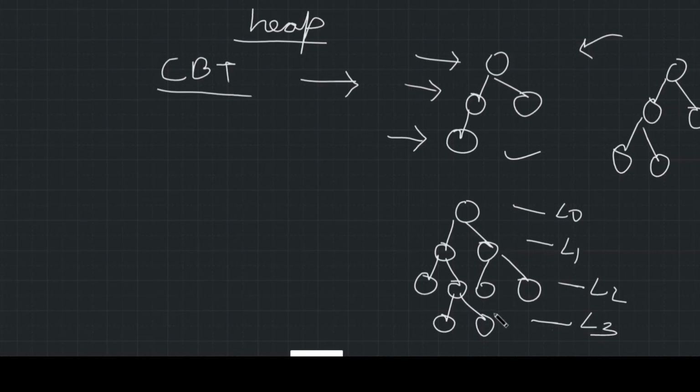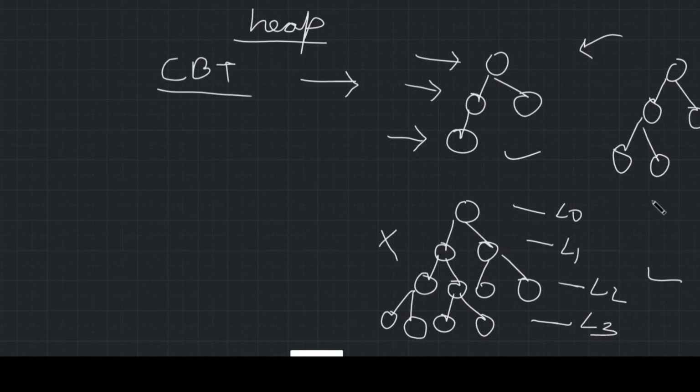So the nodes available at the last level must be on the leftmost side. But if we observe level 3, the nodes are not on the leftmost side. So this is not a complete binary tree. In order to make it a complete binary tree, there must be two more nodes in this part. Now this is a complete binary tree.